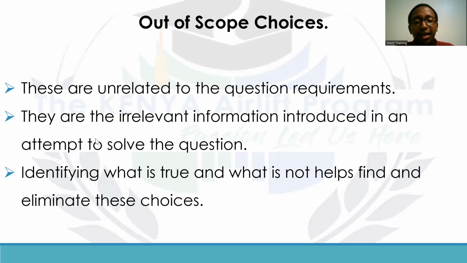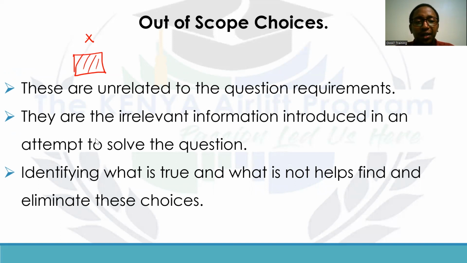They are irrelevant information introduced in an attempt to solve the question. So say you need a specific type of information, and then you're given information that doesn't fit those parameters. If it's about a specific topic, and you're given an answer choice that doesn't fall within that.